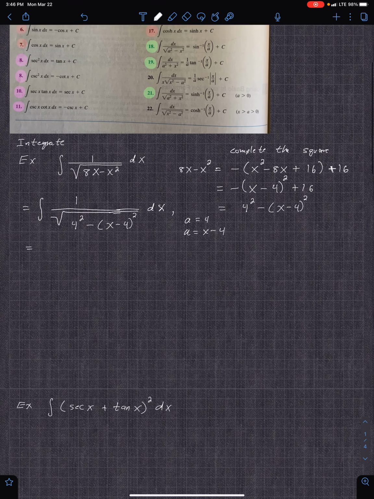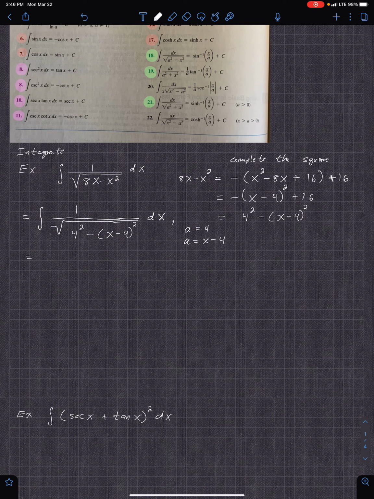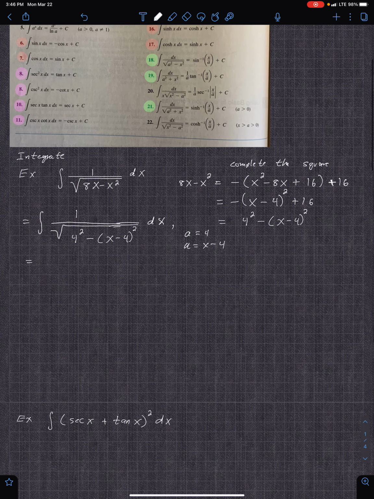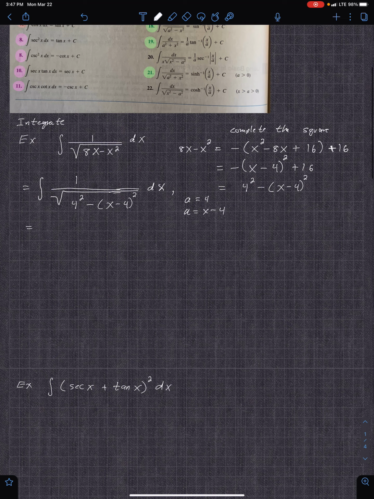And so if you look up here, you can see what you have. That must be which form? It's 1 over the square root of a squared minus x squared, so it's this form. You would have to do chain rule on that, but you just get 1, so your du is just dx.